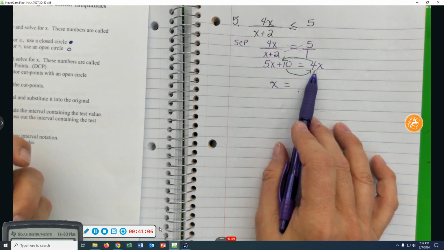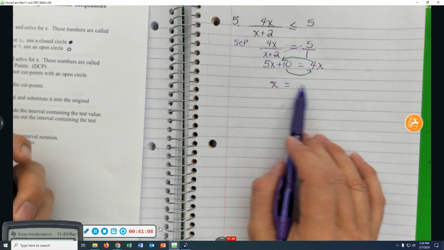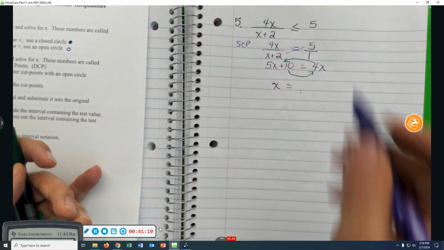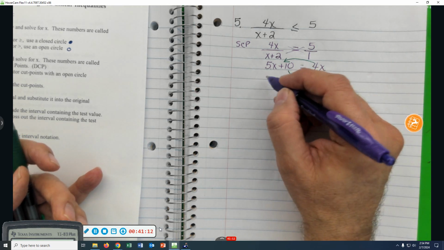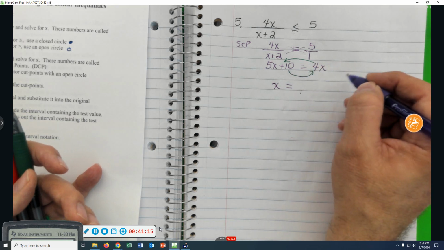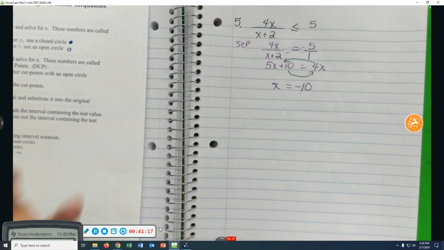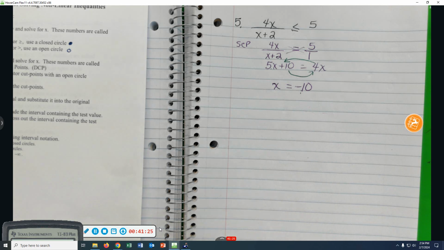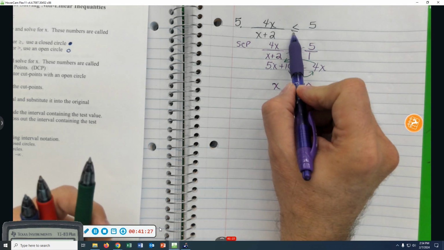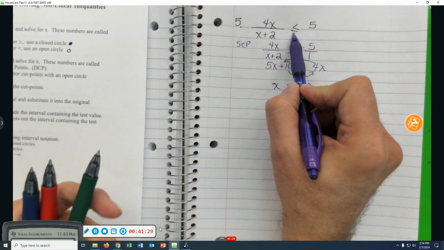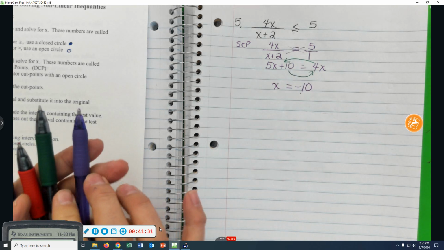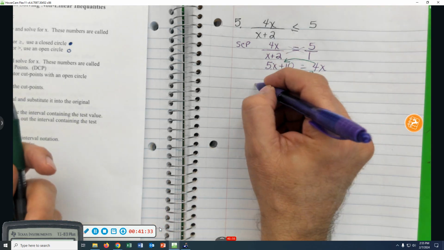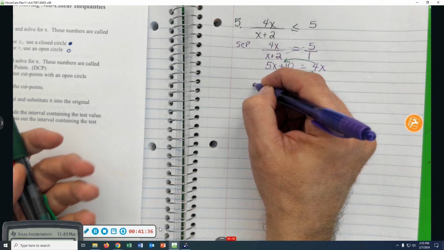Is it negative 10? Y'all follow what I do with these arrows? I just think that's cleaner than minus 4x, minus 10, minus 10. Y'all agree with x equals negative 10? Look up here, open or closed circle? Maybe a closed circle. So I'll make a note of that.